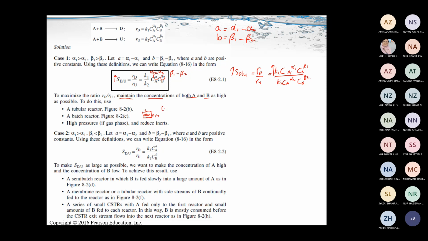A tubular reactor can also be used as a continuous operation. And use high pressure if it is gas phase, so we can maintain high CA and also high CB. And don't use inerts; if possible, try to reduce inerts. Alright, got it everyone?